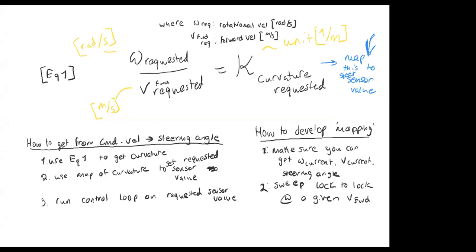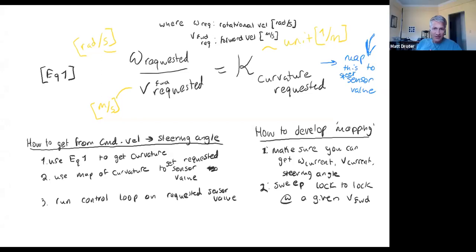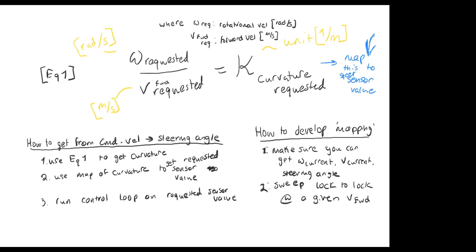On the part about how to develop the mapping under number 1, you said get your W current. Is that from the IMU, and the V current from either wheel speed or GPS? Yes, forward velocity.